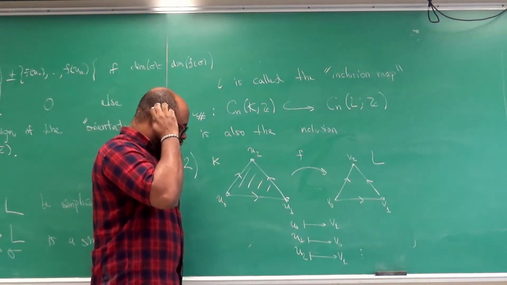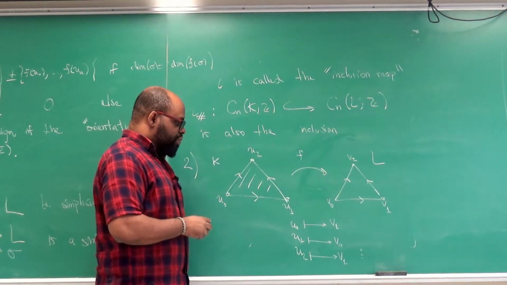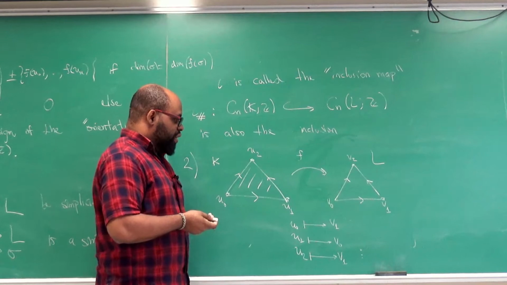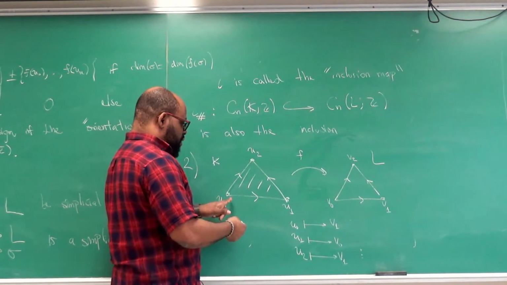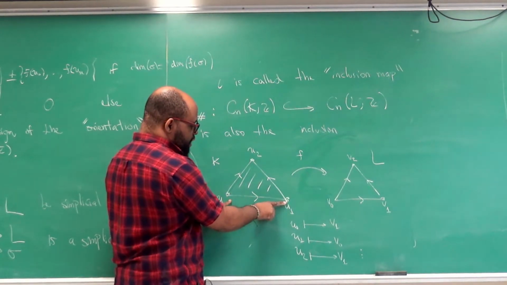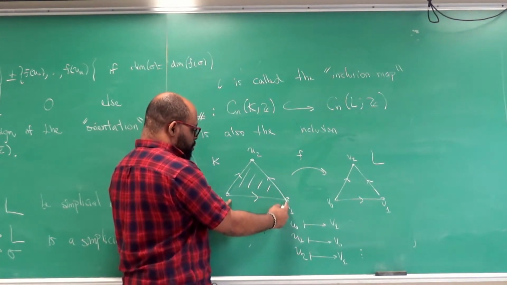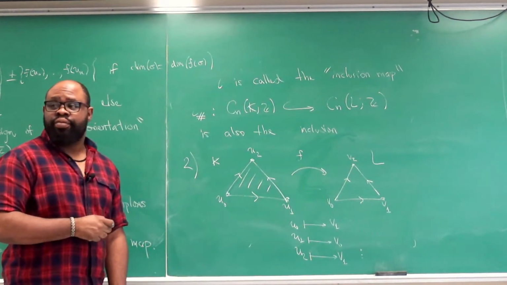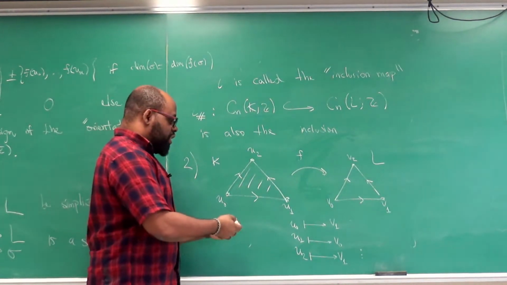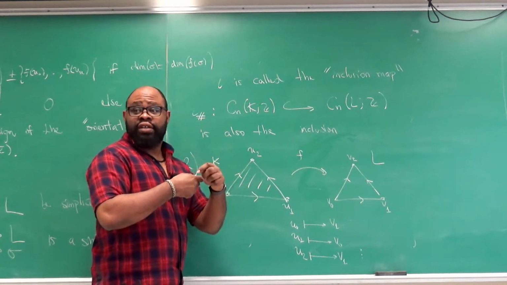And let's check what it does to the other simplices. It sends {u0, u1} to {v1, v0}. Okay, so right there we are seeing how the orientations can be flipped.